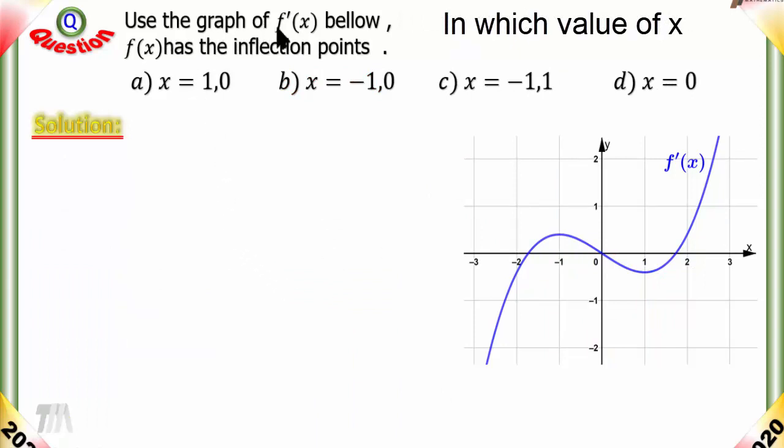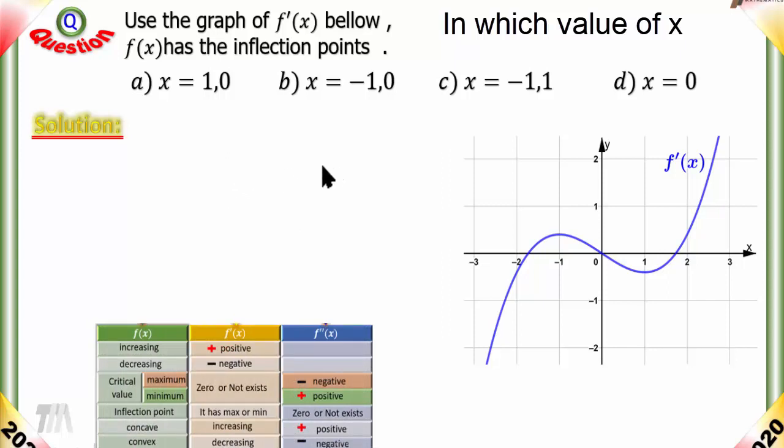Use the graph of f prime of x below. Which x values does f of x have as inflection points? First of all, for f of x to have an inflection point, the second derivative must be 0 or not exist.